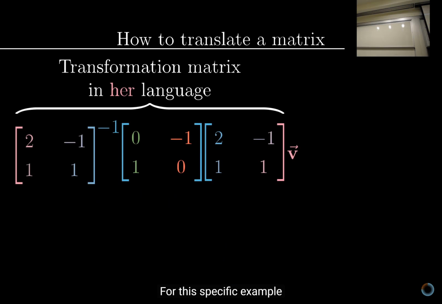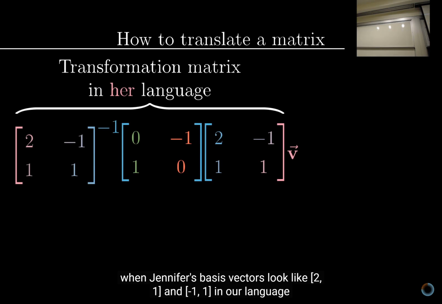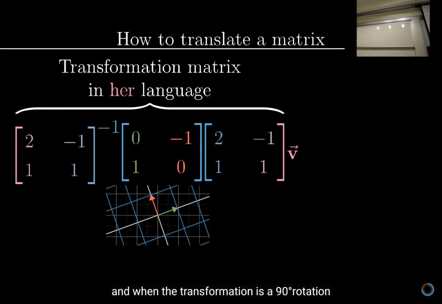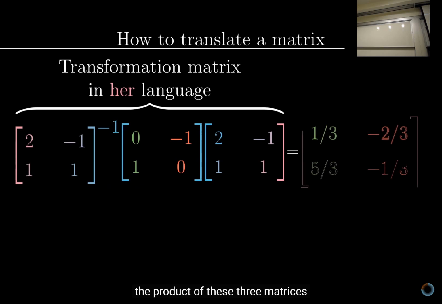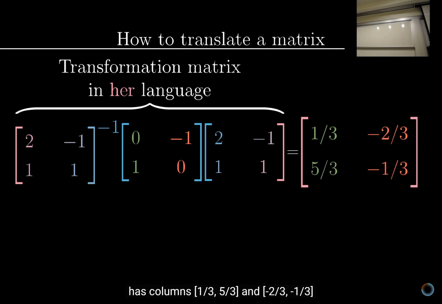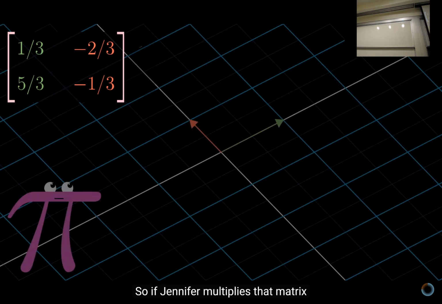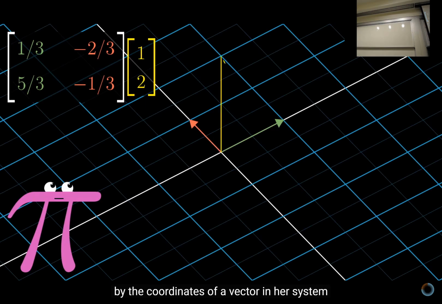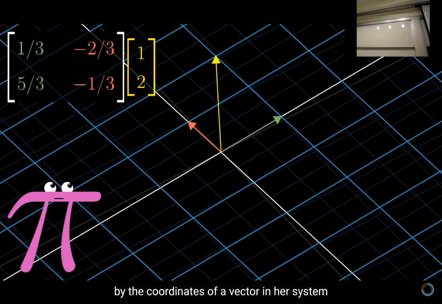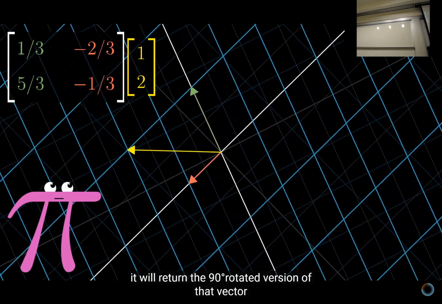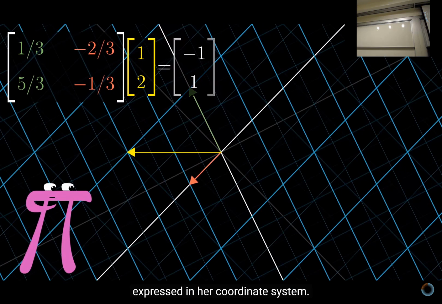For this specific example, when Jennifer's basis vectors look like 2, 1 and -1, 1 in our language, and when the transformation is a 90-degree rotation, the product of these three matrices, if you work through it, has columns 1/3, 5/3, and -2/3, -1/3. So if Jennifer multiplies that matrix by the coordinates of a vector in her system, it will return the 90-degree rotated version of that vector expressed in her coordinate system.